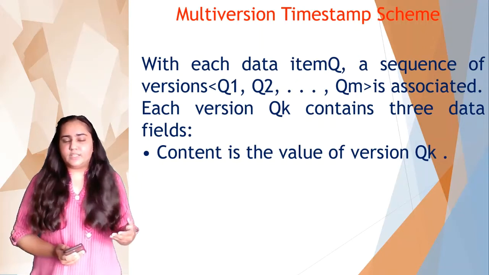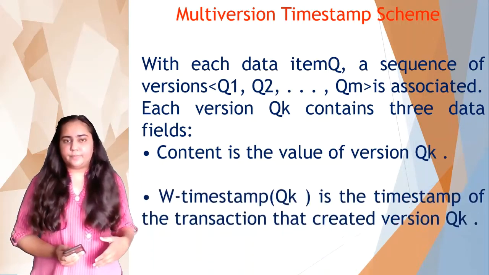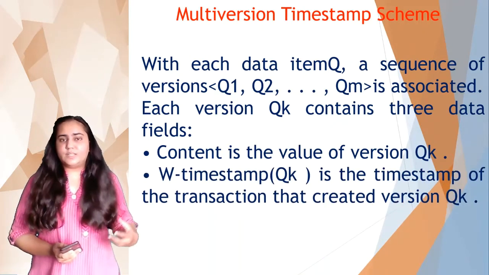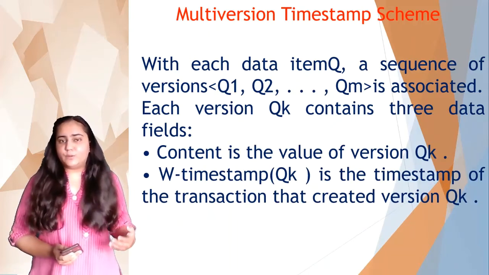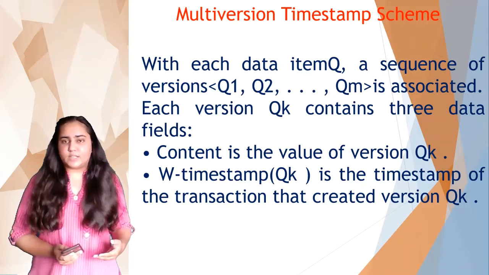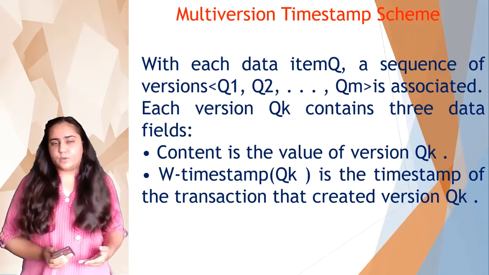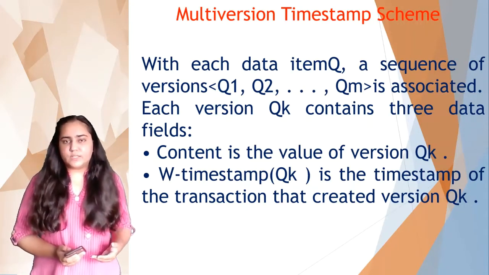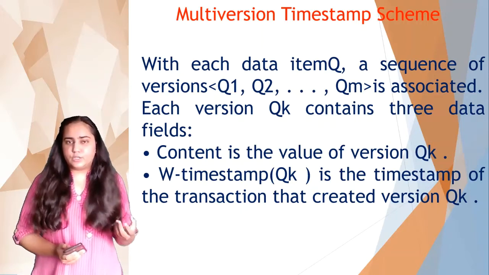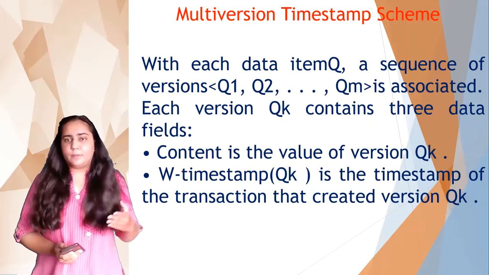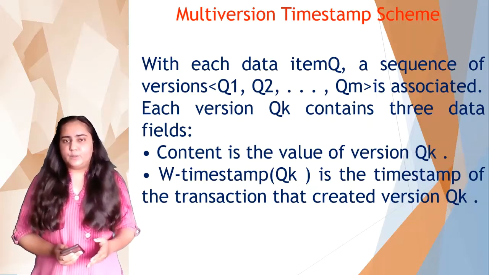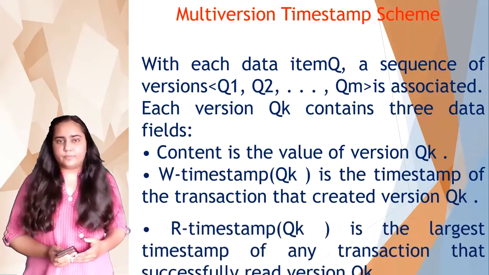So content is the value of the version. Then there's also a timestamp, which is the W-timestamp of Qk, which is the timestamp of the transaction that created the version Qk. Whichever transaction created the version Qk of the data item Q, its timestamp will be known as the W-timestamp of Qk.